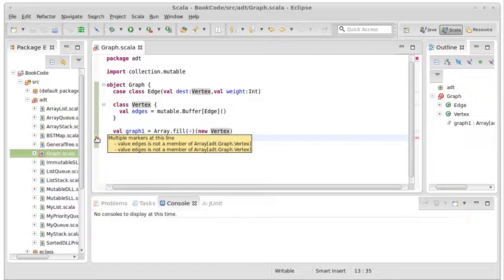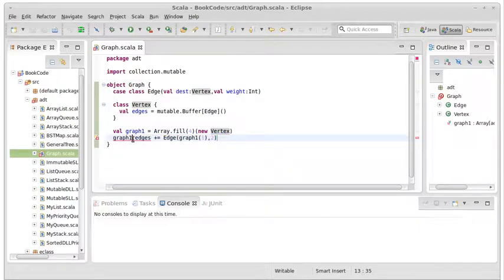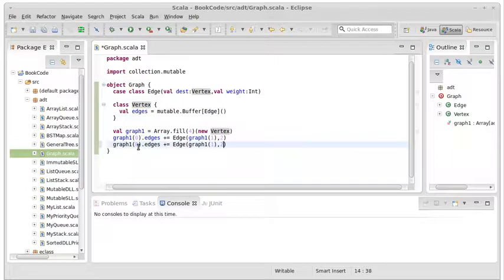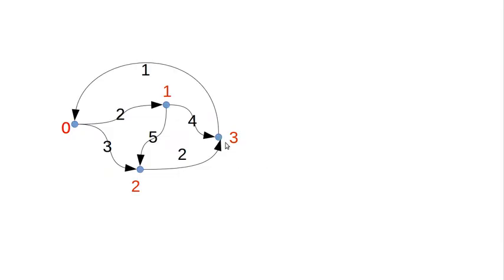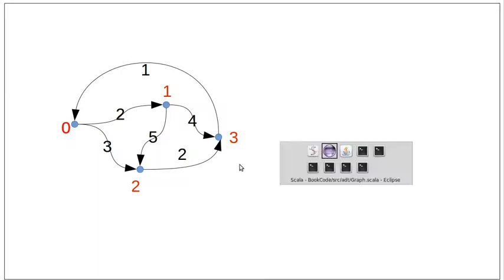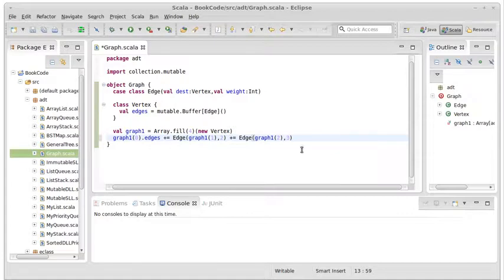That would add the first edge, and thanks to the ability to string together plus equals, we could just type this once, so we add one edge that goes to 1 with a weight of 2, one edge that goes to 2 with a weight of 3, and we could have similar lines that set up the edges coming out of 1, the edges coming out of 2, and the edges coming out of 3. So that is one way to represent the graph.